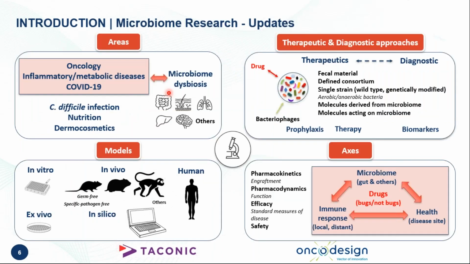As you know, the microbiome is a new player in drug development, and efforts were made to harness the microbiome for diagnostic and therapeutic purposes, but also to understand the bidirectional interaction between the microbiome and non-microbial drugs, as it may affect drug efficacy and/or toxicity.